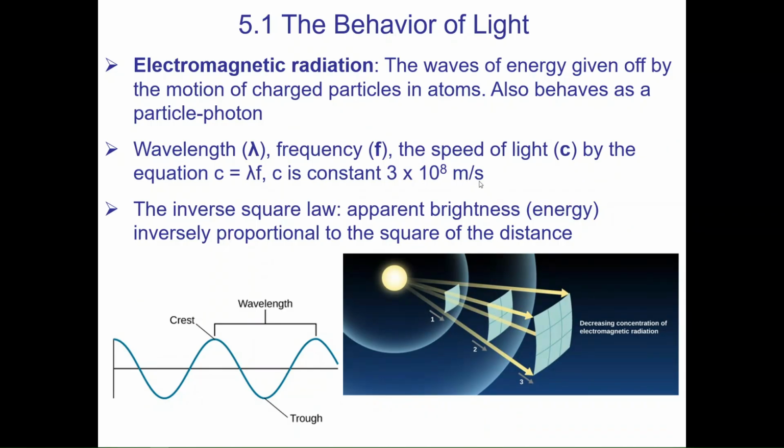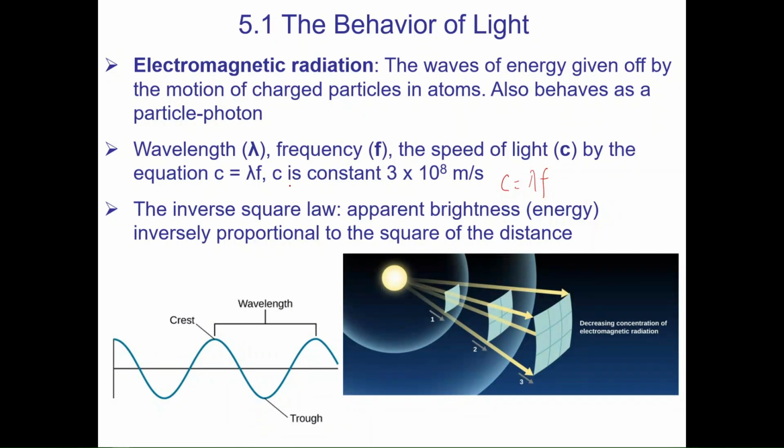And what is the relation between wavelength, frequency, and the speed of light? The speed of light can be calculated as the product of wavelength and frequency. The speed of light equals the wavelength times the frequency.